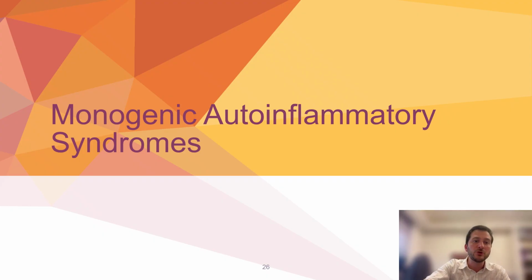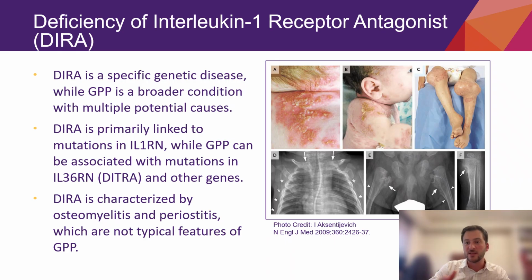And finally, we will talk about the monogenic and autoinflammatory syndromes. Specifically, in this section, we will talk only about DIRA, which is the deficiency of the interleukin-1 receptor antagonist. This is a specific genetic disease, while GPP is a broader condition with multiple potential causes.